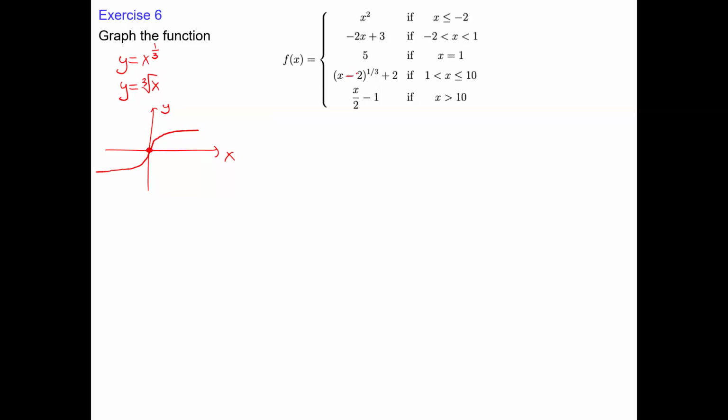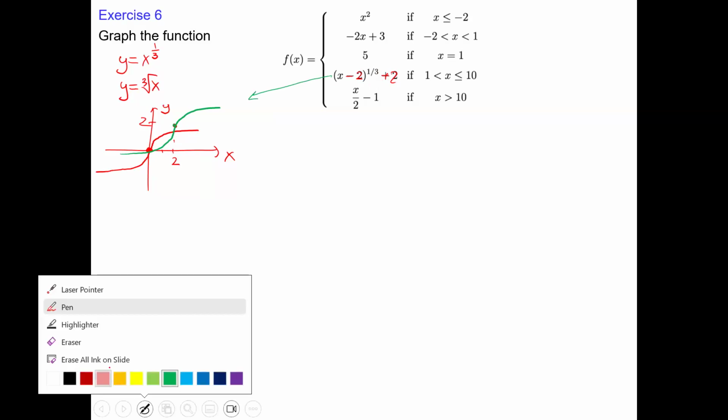Now, when we subtract 2 from x, we're moving 2 units to the right, and when we add 2 to the entire function, we move 2 units up. That means the point becomes 2, 2. Basically that red dot, which now will become green, has to be shifted. That means this is the graph.